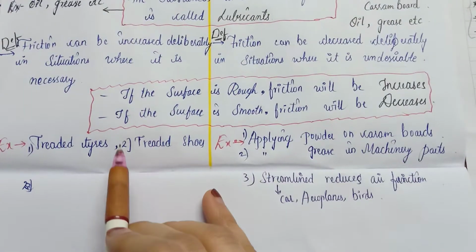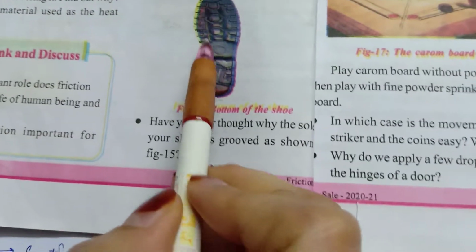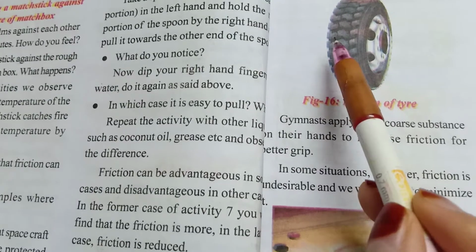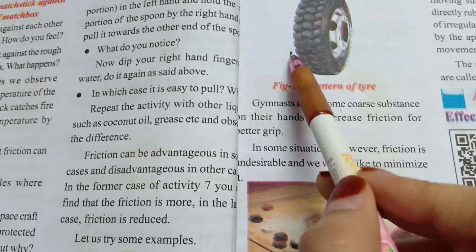And there is another example, that is treaded shoes. As you can see in this picture, the shoes have some ups and downs, and the tires also have designs and patterns with ups and downs. They are not smooth.